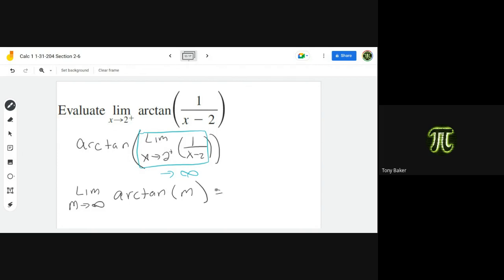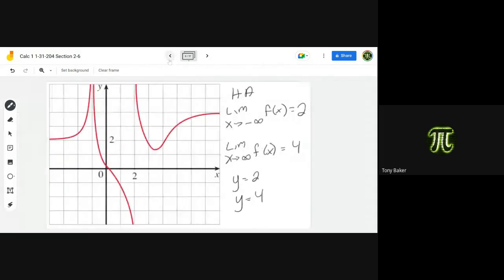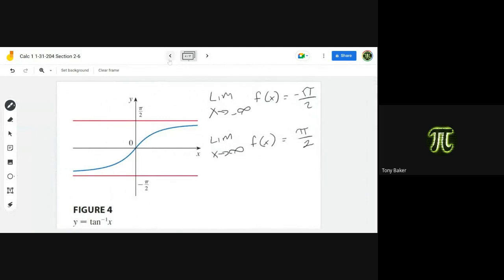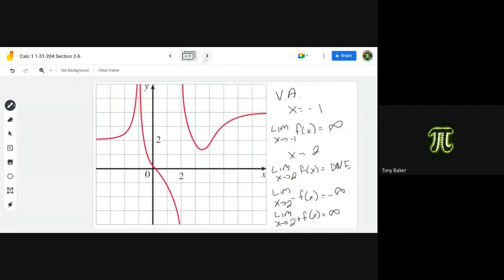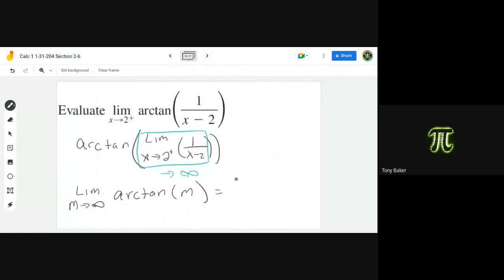So what happens as arctangent goes to infinity? That's arctangent. What's happening is arctangent is going to pi over 2. So this one's going to pi over 2.